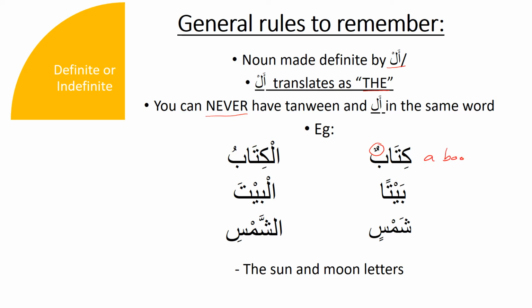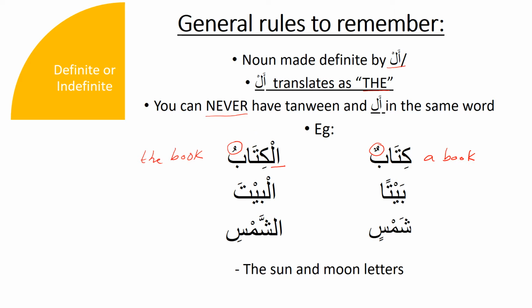It's indefinite. If you want to make it definite, then you put alif lam and you make the tanween into only one haraka. You make it into one dhamma instead of a double dhamma. And it would translate as the book. So you can never have both of them together. You can't have, for example, al-kitabun. That would be incorrect. You either have alif lam or you have a tanween, because otherwise the meaning is not clear.